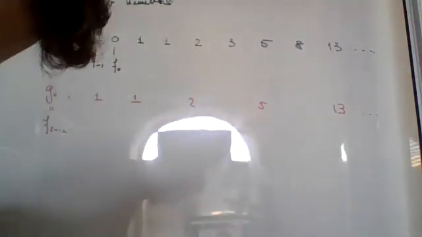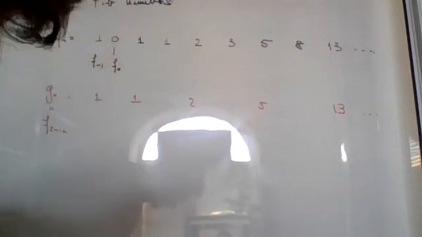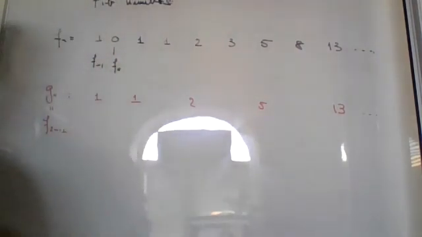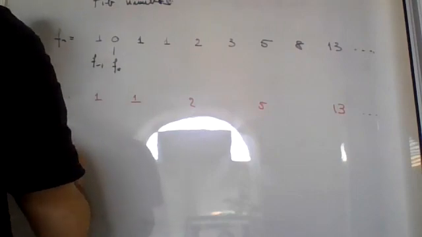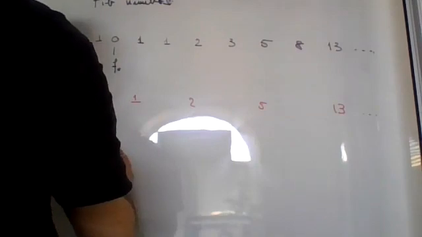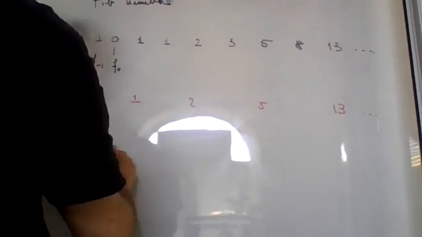So the odd index Fibonacci numbers, okay? And then you look at quotients. So I put gamma n to be Gn plus 1 over Gn.